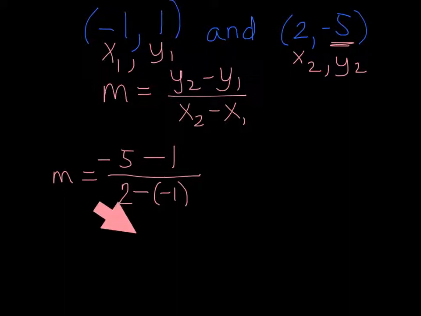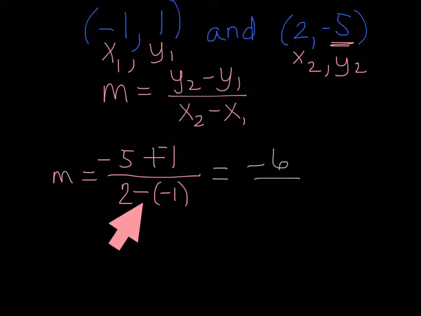When you're subtracting a negative, it's very easy to forget that subtracting a negative actually turns into a positive. So if we continue with this, negative 5 minus 1 gives me negative 6. 2 plus 1 gives me 3. So that simplifies to negative 2. And that is my slope.